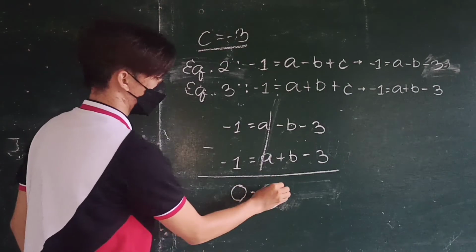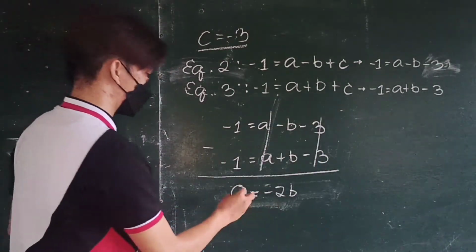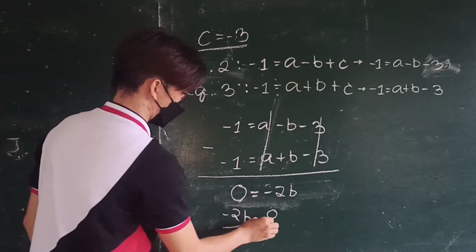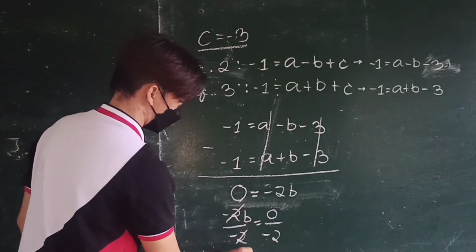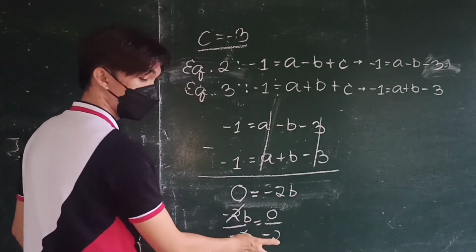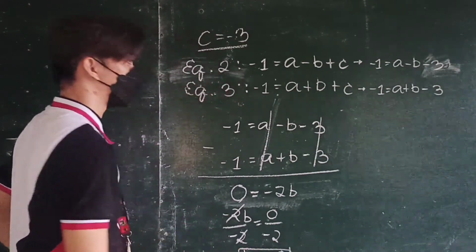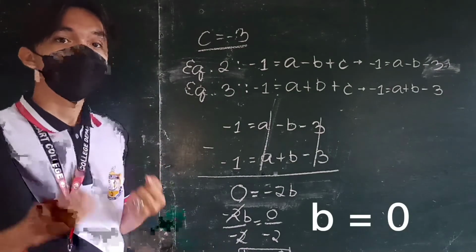Cancel a. Negative b minus b is negative 2b, then cancel negative 3. Negative 2b equals 0. Divide both sides by negative 2. b is equal to 0 divided by negative 2, which is 0. So we have now the values of c, which is negative 3, and b, which is 0.